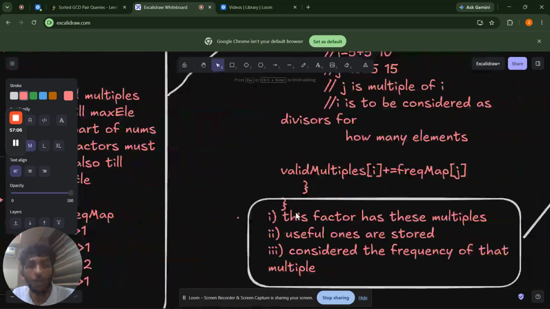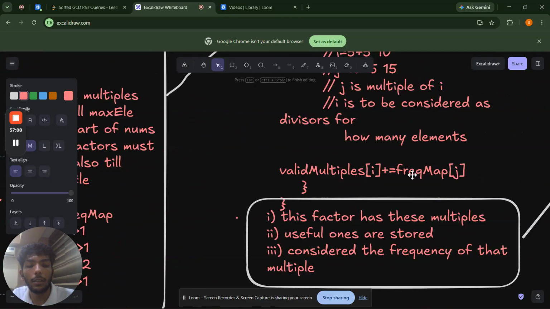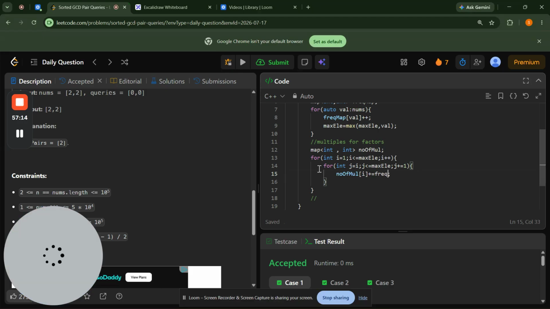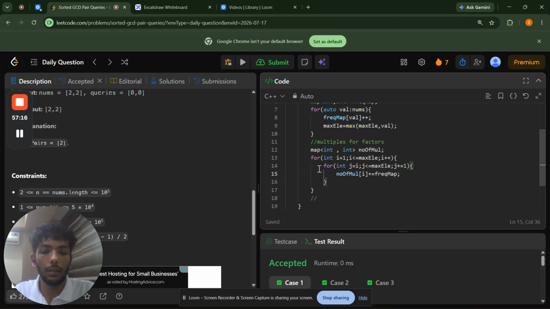So what we did was valid multiples of i plus equals the frequency of that element. So frequency of j, this is the multiple of i, right? Now that we have found the multiples, what we want is the number of pairs.